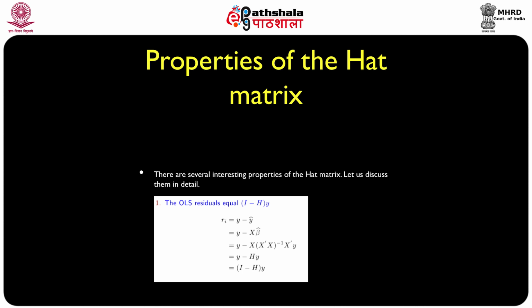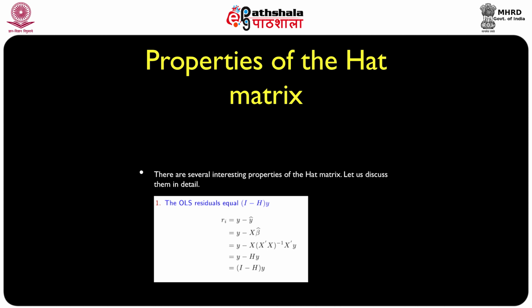The first property is that the ordinary least squares residuals in a regression setup are given by (I minus H) times Y, where Y is the vector of responses, I is the identity matrix, and H is the hat matrix that we have just discussed.